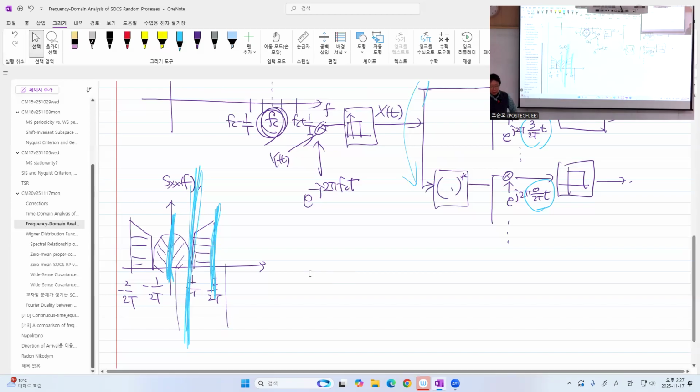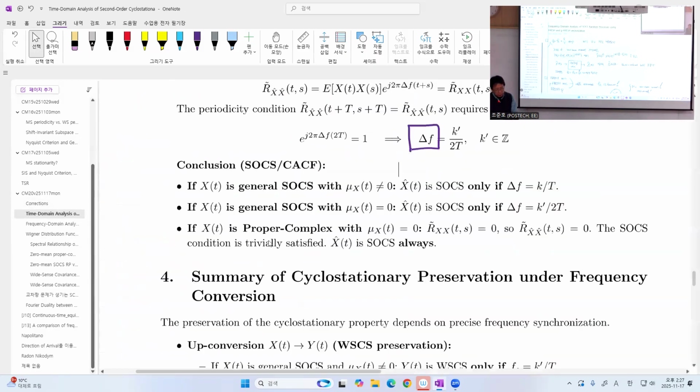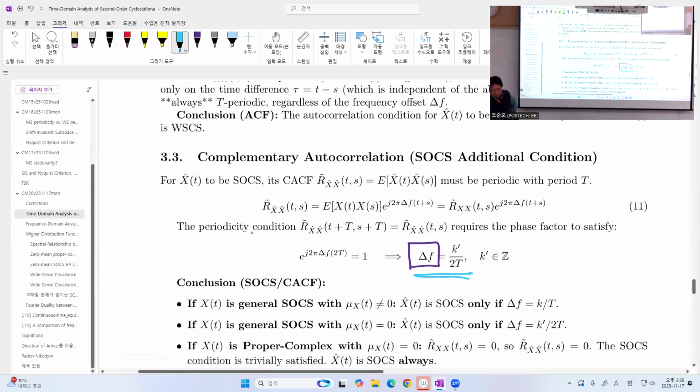Anyway, as you see here, an arbitrary choice of frequency in the down conversion local oscillator may give you a problem. An originally second order cyclostationary process can no longer be second order cyclostationary. So you need to be careful.